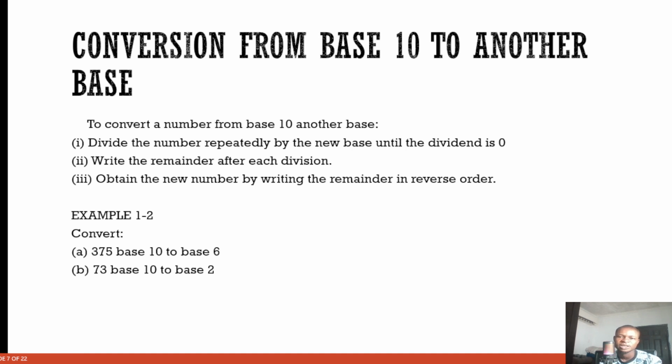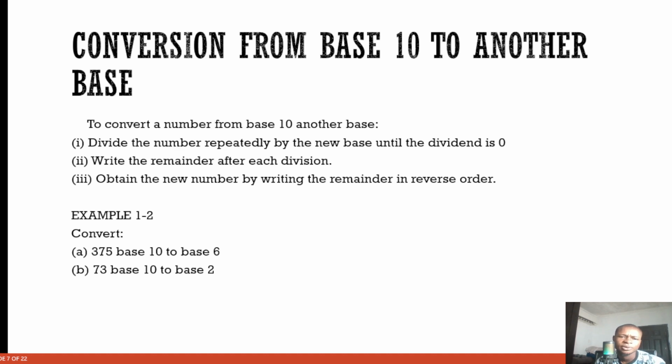All these numbers are in base 10 already, and we want to convert them to another base which is not base 10. We also have 73 base 10 to base 2.